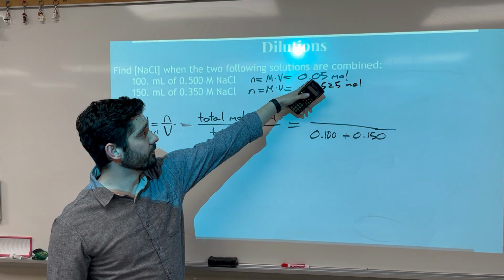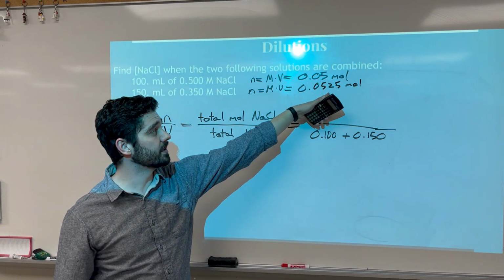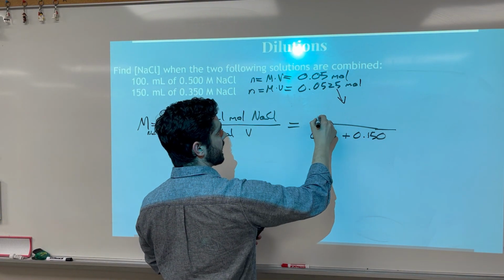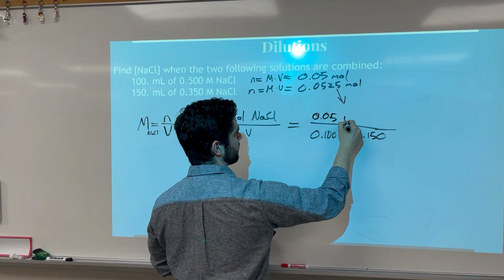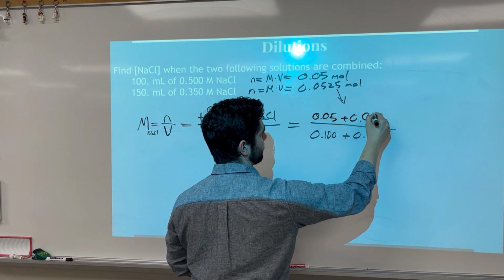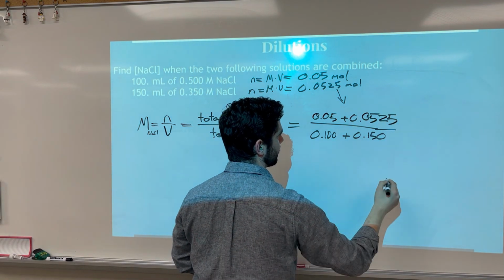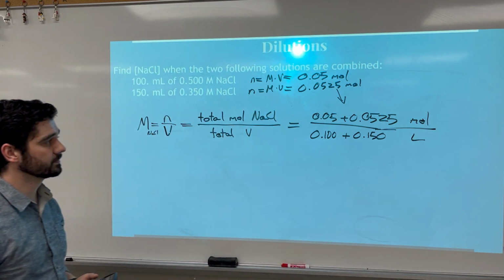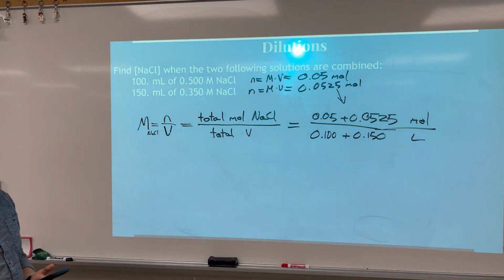Okay, so that's the number of moles in this first solution. This is the number of moles in that second solution. And so if I want total moles, I just add them together. Right, so this is moles and this is liters. Okay, for both of those.